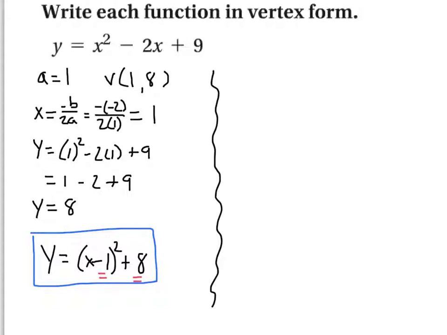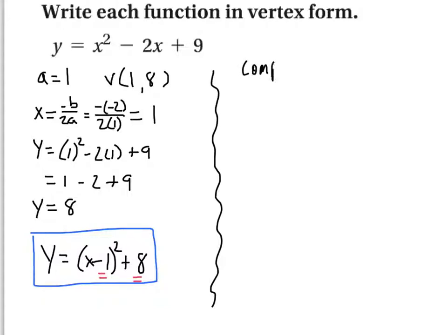Now, I would not be a good math teacher if I didn't show you the other method we have. You've seen this other method before. Okay? Sometimes it might be easier. Some people think it's easier. It is all up to you what you think. So, this other method we've done before, it's called completing the square. Okay?